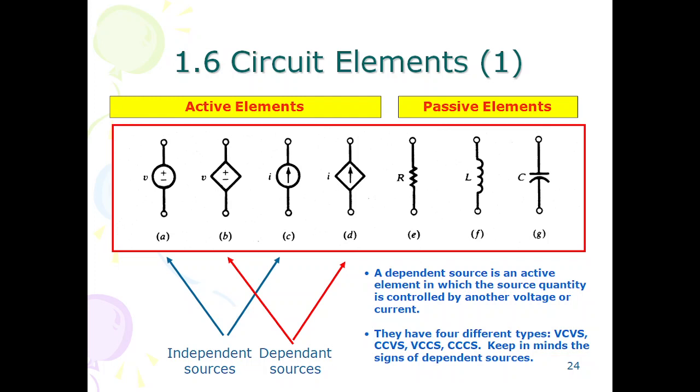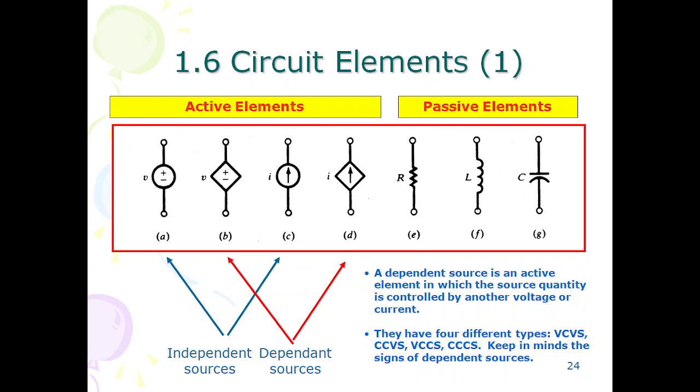Passive elements are those which absorb power, like resistor, inductor, capacitor. Then we have dependent sources and independent sources. Independent sources are represented by a circle, while dependent sources are represented by a rhombus-like shape.